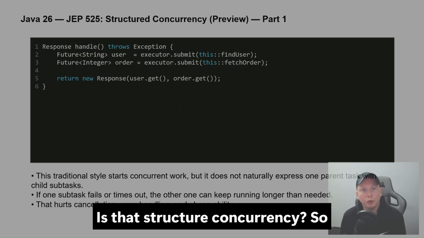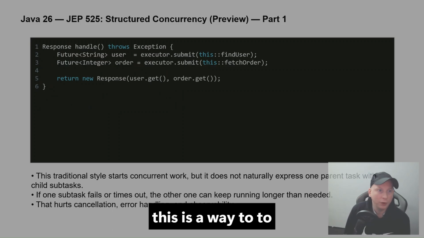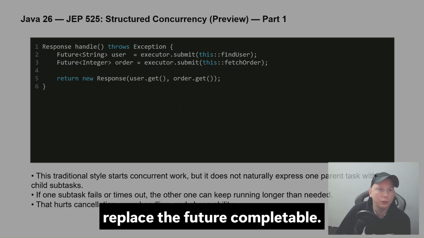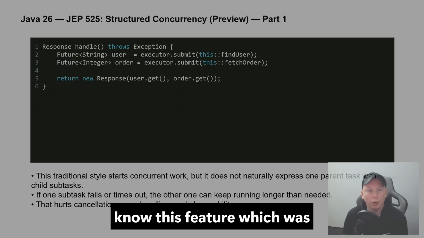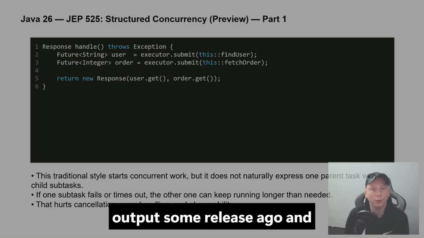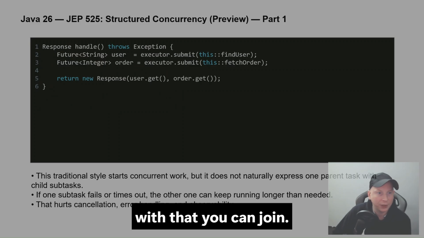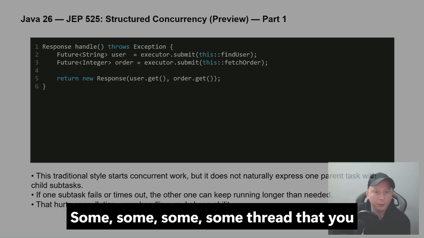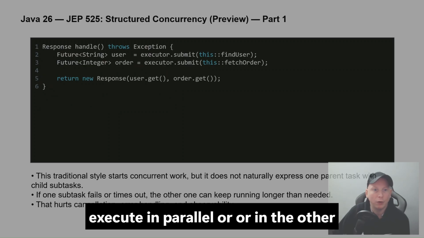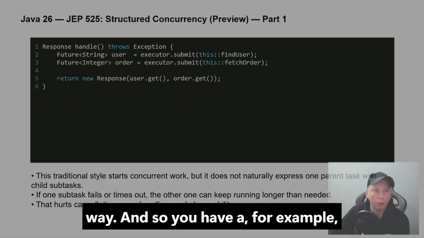Then structured concurrency. This is a way to replace CompletableFuture. I don't know if you know this feature, which was out some releases ago, and with that you can join some threads that you execute in parallel or in another way.